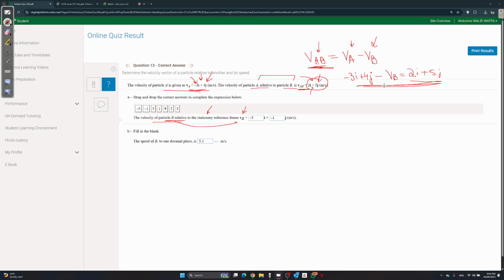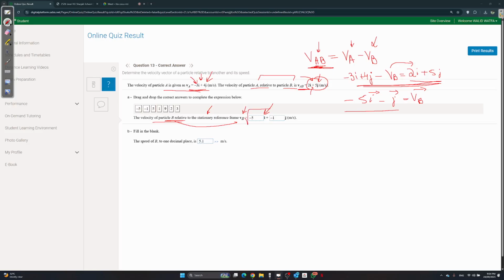Then you solve. Okay, don't forget, it's always first minus second. Rearrange it now. Let's take VB there. You're gonna get 5i, no, negative 5i, and then minus j equals VB.